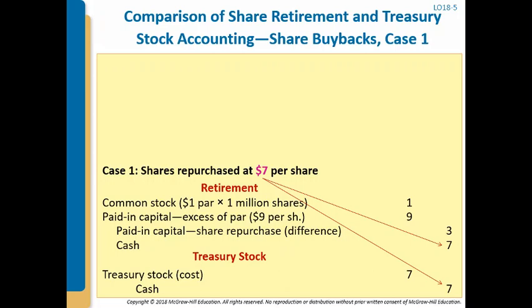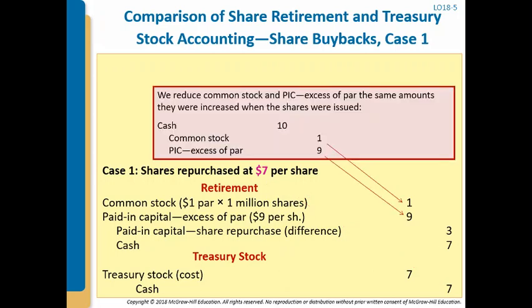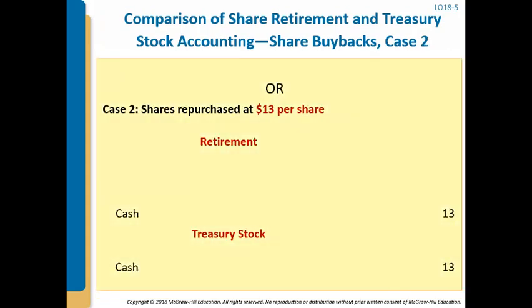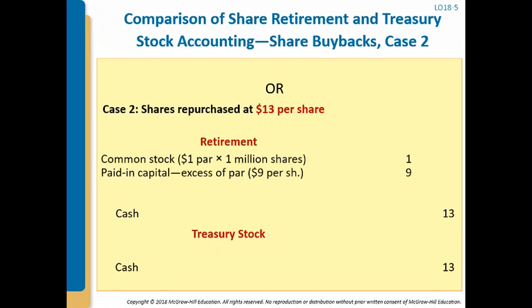Now, what happens if you repurchase these for more than the par value per share and the excess of par per share? Well, here we repurchase for $13, and so again, it kind of depends. Here, we still have our common stock and paid in capital excess of par of 1 and 9.